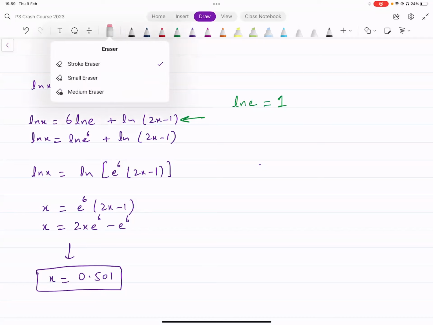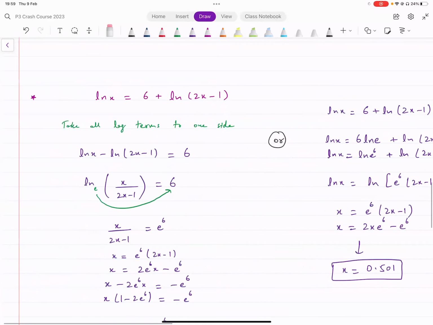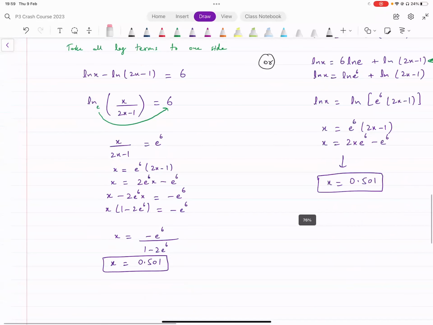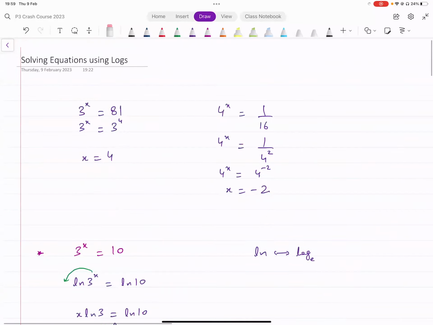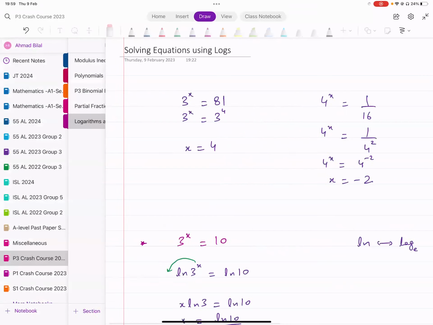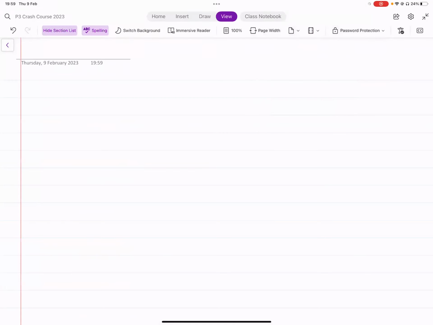Now, this was an overview of a number of different types of equations that you would need to solve using logs, but that's not it. There are more. Let's take another example. And for that, I'm actually going to use something from the worksheet.